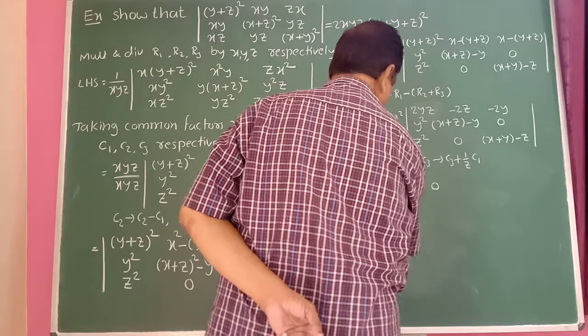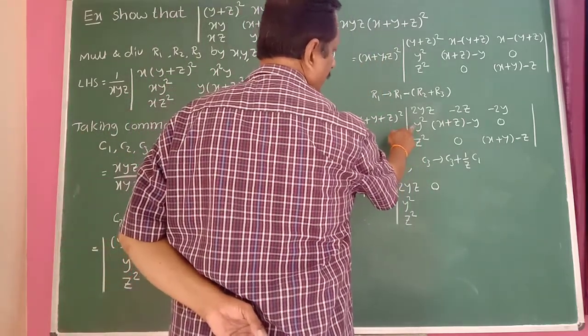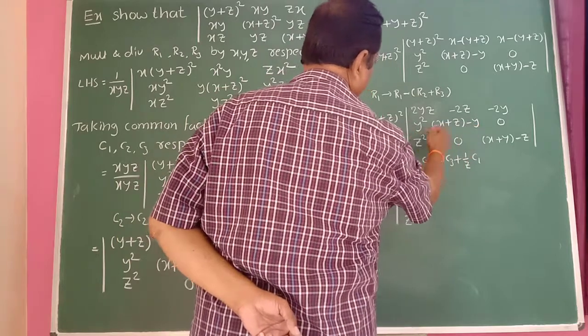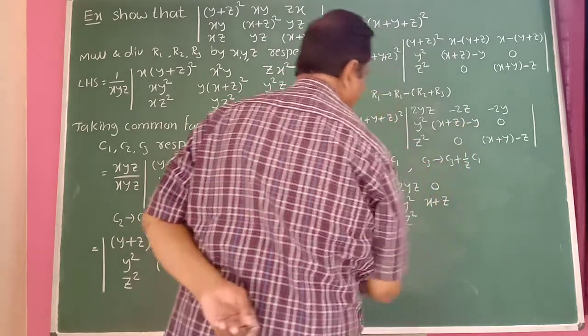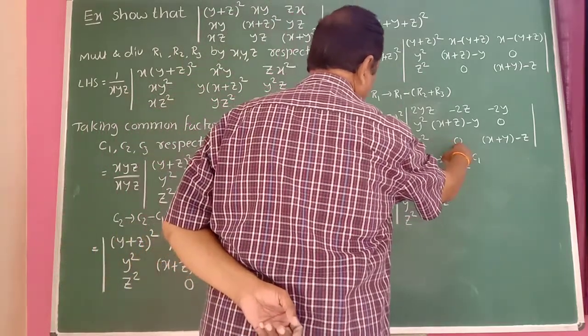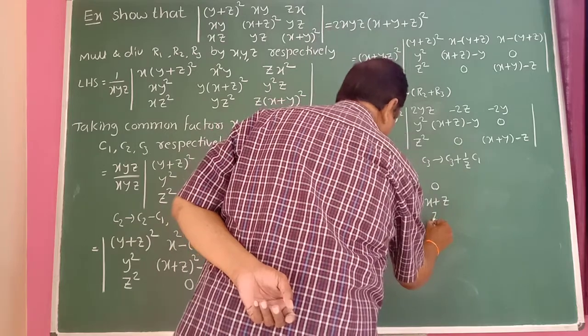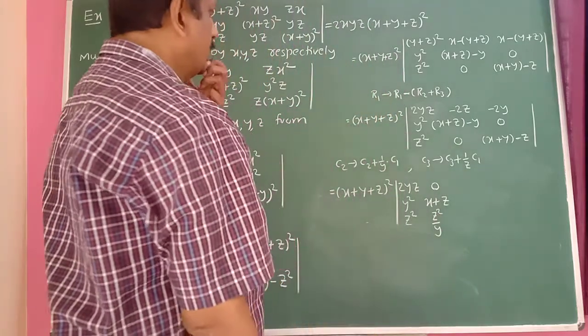Then divided by y, remaining only y, adding here: minus y plus y cancels, then remaining is x plus z. Then divided by y and added to this one, so z square divided by y.